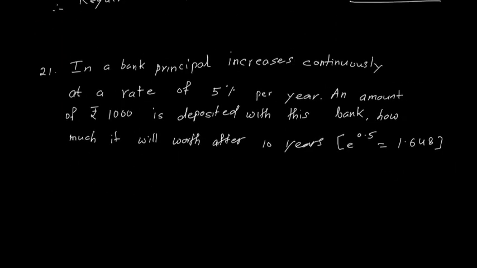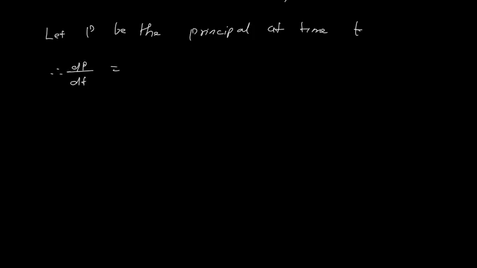So here in the 21st question, let P be the principal at time t. Therefore dP upon dt is 5% of P. So dP upon dt is equal to 5 upon 100 into P. 5 upon 100 is 1 upon 20.